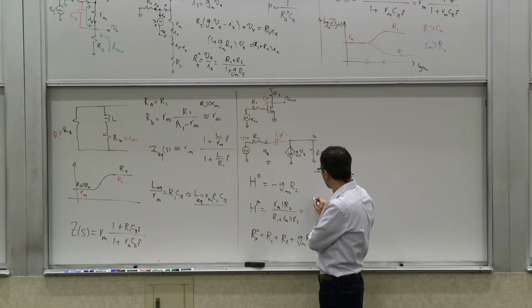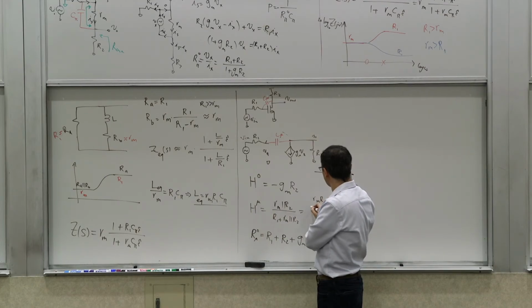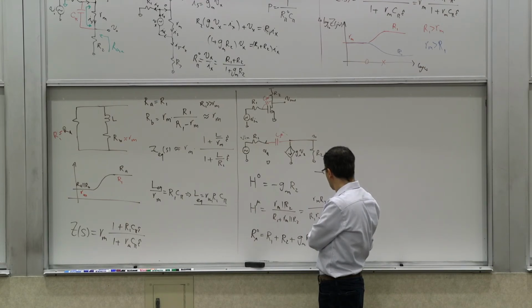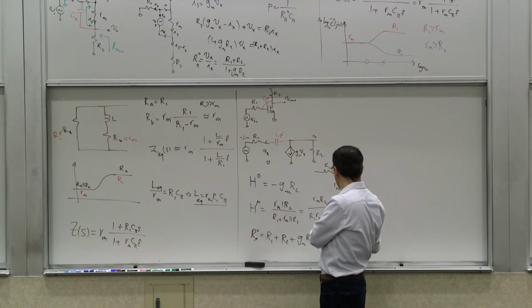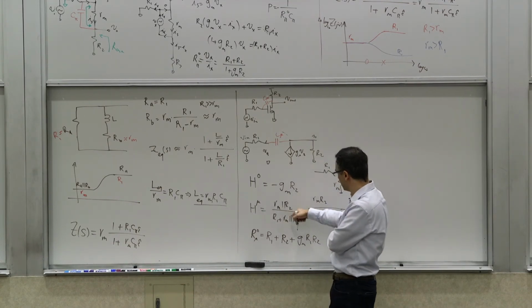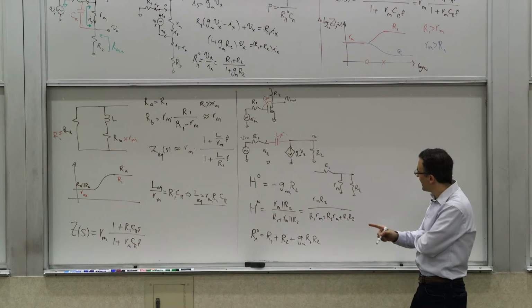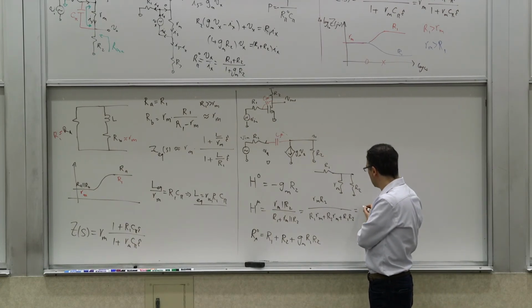So let's look at this now a little bit more. Let's expand it. So it's R mu over R2 divided by R1 R mu plus R2, R mu plus R1 R2, right? If you expand these things and multiply by gm, what do you get?